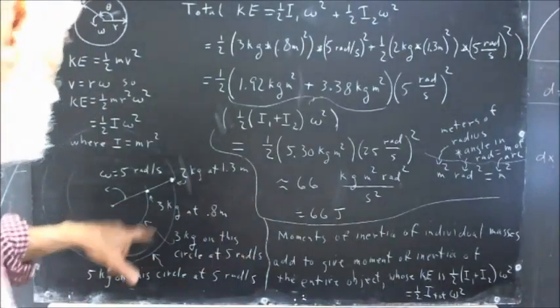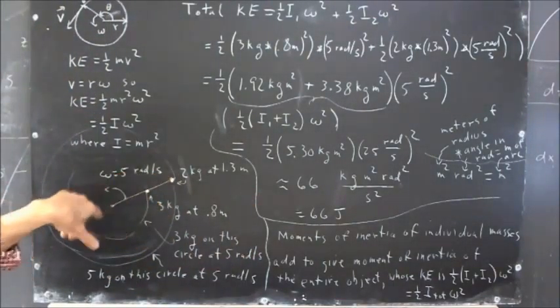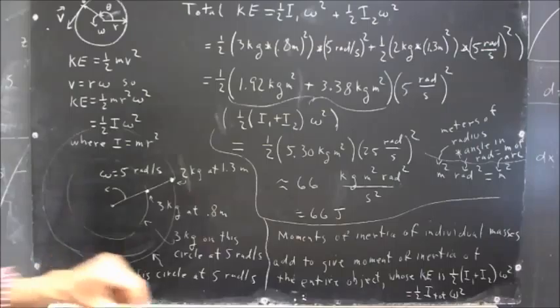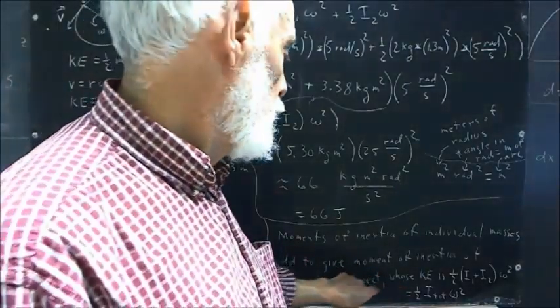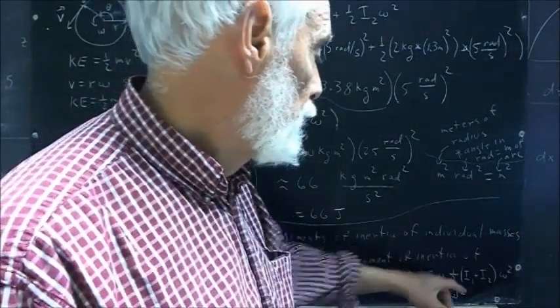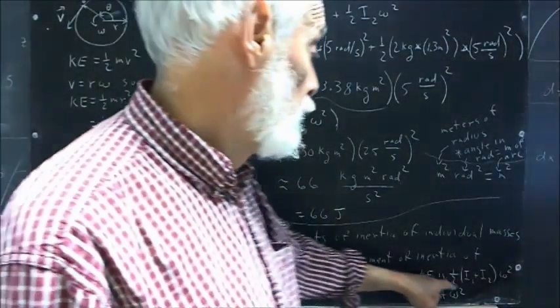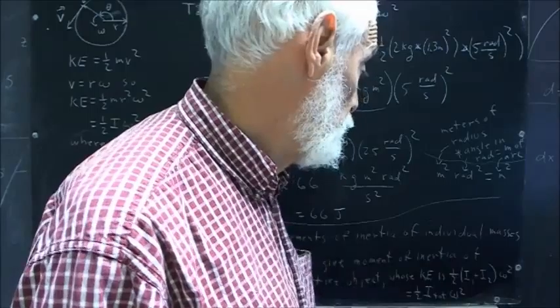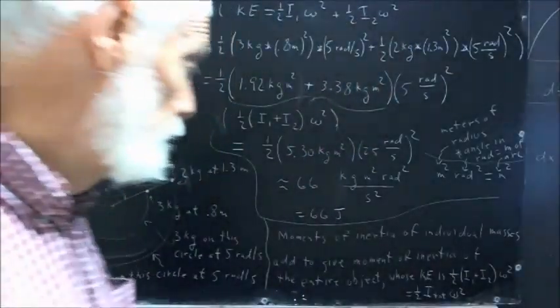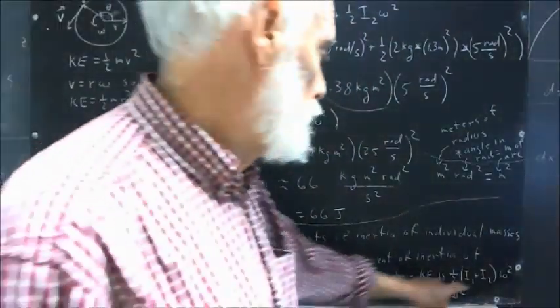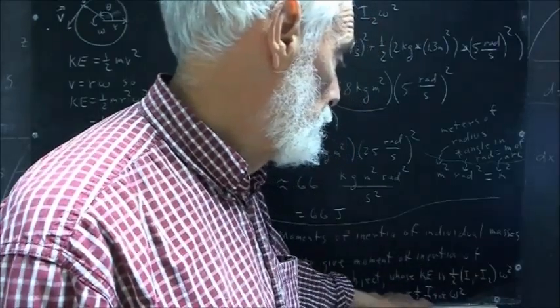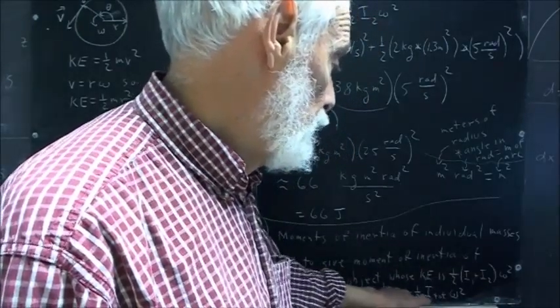And in this case, the entire object consists of these two masses on this light rod. And the kinetic energy of that object is, if they're just two masses, 1/2 I1 plus I2 times omega squared. So we can speak of the I1 plus I2 as being the I total, and we see that moments of inertia can be added.